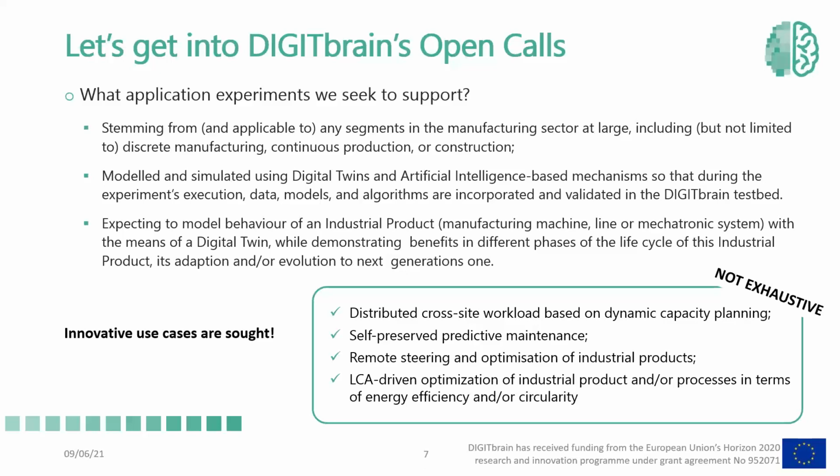All the application experiments are expected to model the behavior of an industrial product, we'll see later on the definition exactly, by means of a digital twin. And they are expected to demonstrate the benefits in different phases of the life cycle of this industrial product, its adaptation and evolution to the next generation ones.